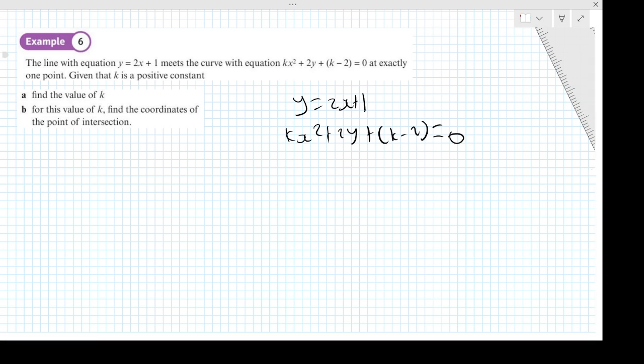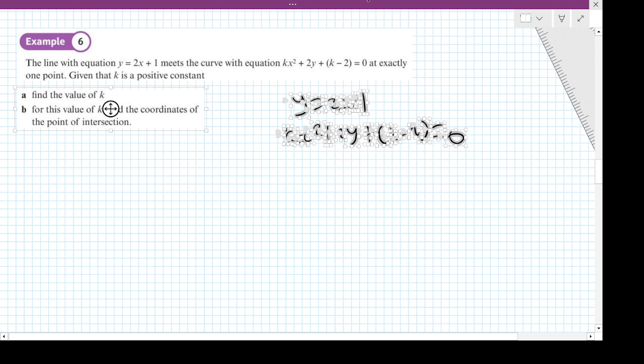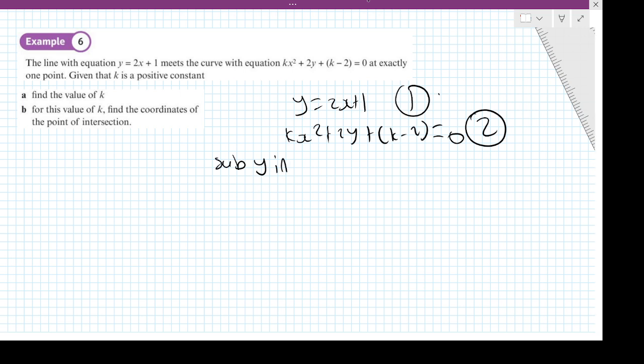Well, this is quadratic simultaneous equations, isn't it, at the end of the day? Really, because I can substitute y into here, and then I can get an equation for x. So I'm going to do that then. If I call this equation 1 and equation 2, I'm going to sub y into 2, not into 1, because y is equation 1. That wouldn't help me if I substitute it back in.